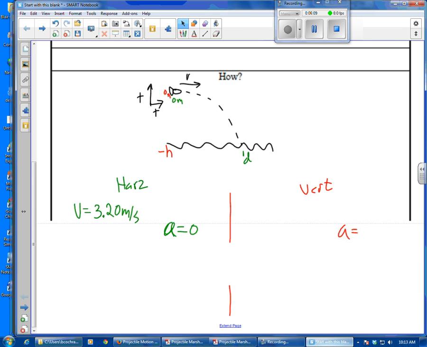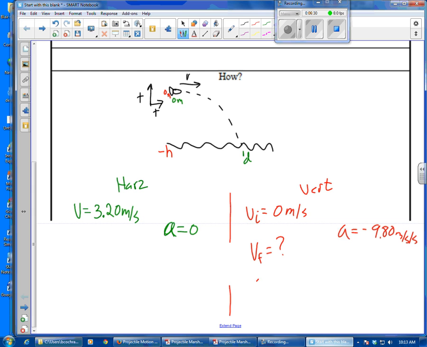Okay, so I know that this is negative 9.80 meters per second squared. V initial, on the vertical side, I said in my Y that that was 0 meters per second. I don't know what my V final is.